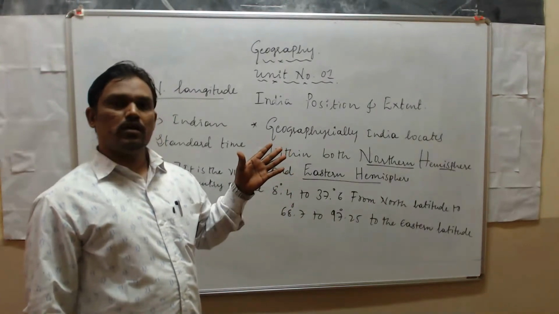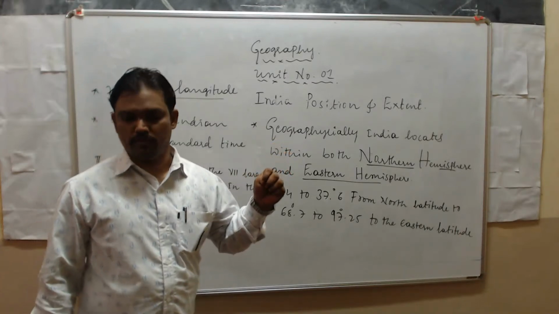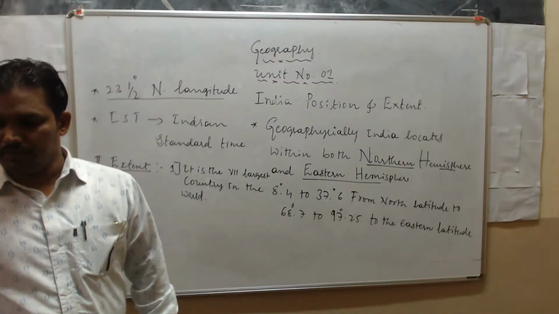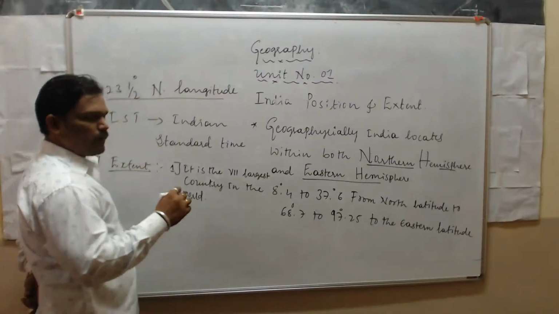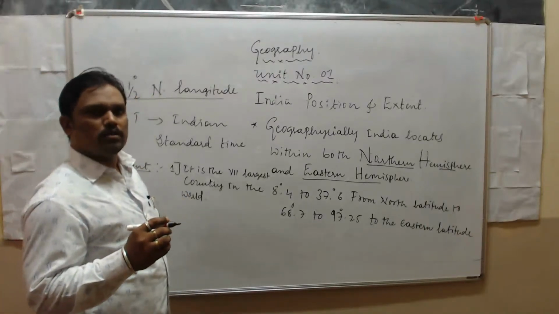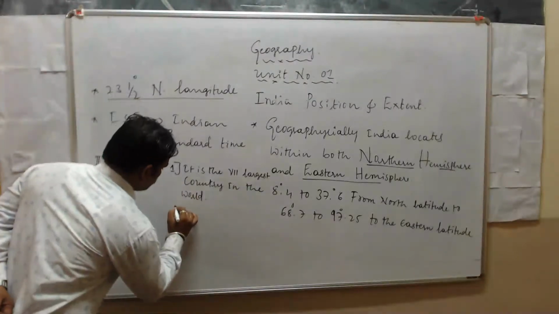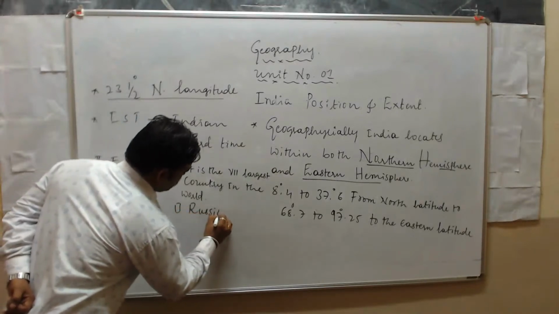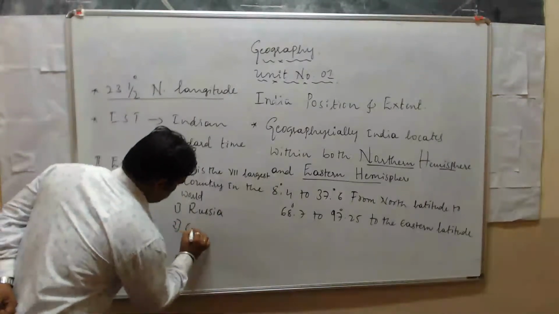First, geographically, Russia is the largest country. These are the five top largest countries in the world. First one, Russia. Second one, Canada.